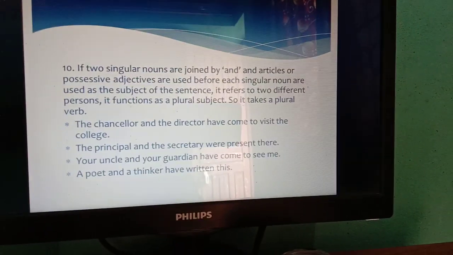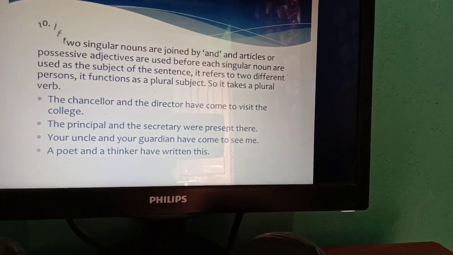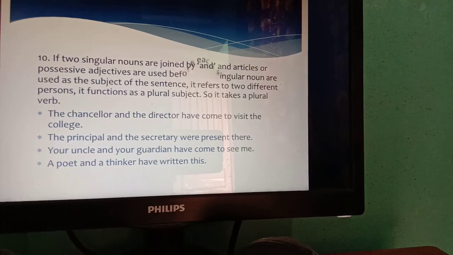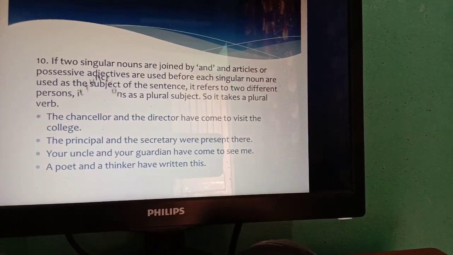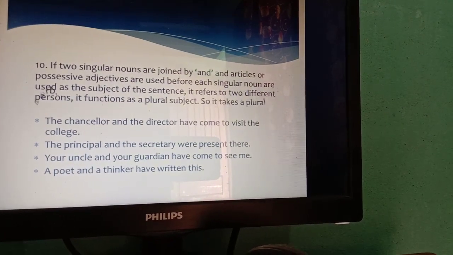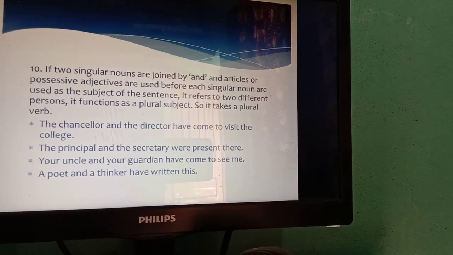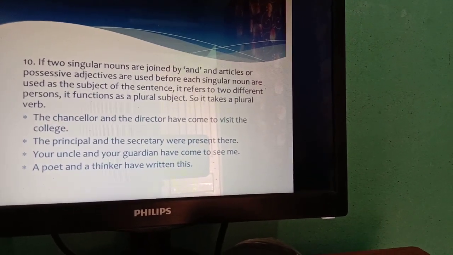Now coming to the next rule, rule number 10. If two singular nouns are joined by "and" and the articles or possessive adjectives are used before each singular noun used as the subject of the sentence, it refers to two different persons.